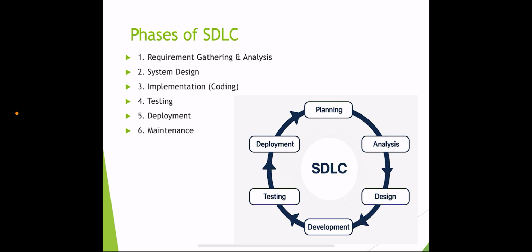Based on that, the product owner or the business analyst is taking the requirement from the client, exactly what they want. Based on that, they will prepare the BRS document. So what is the BRS document? BRS document is the business requirement document. So business requirement document means what? What exactly the client wants.